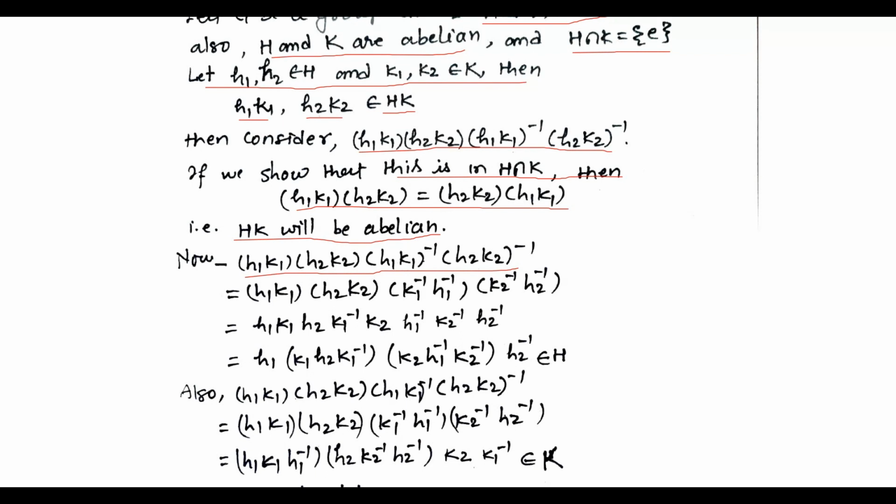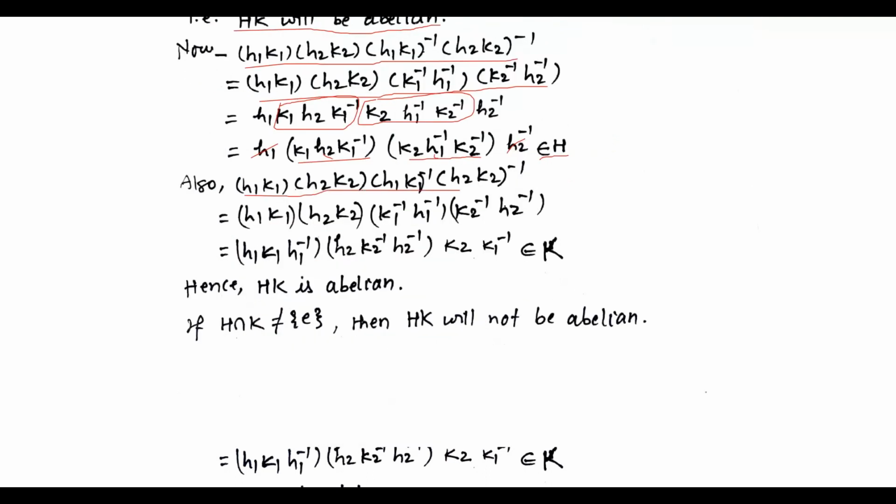By rearranging we can show that this whole quantity belongs to subgroup H. Further, in the same way we can rearrange it such that the whole quantity is in subgroup K.